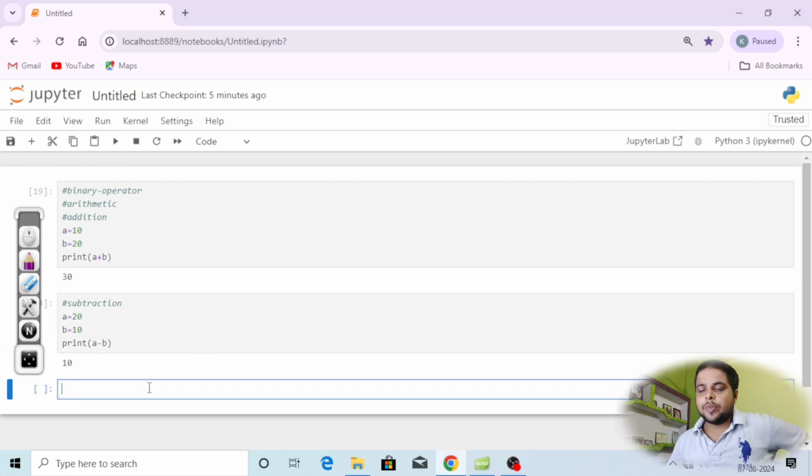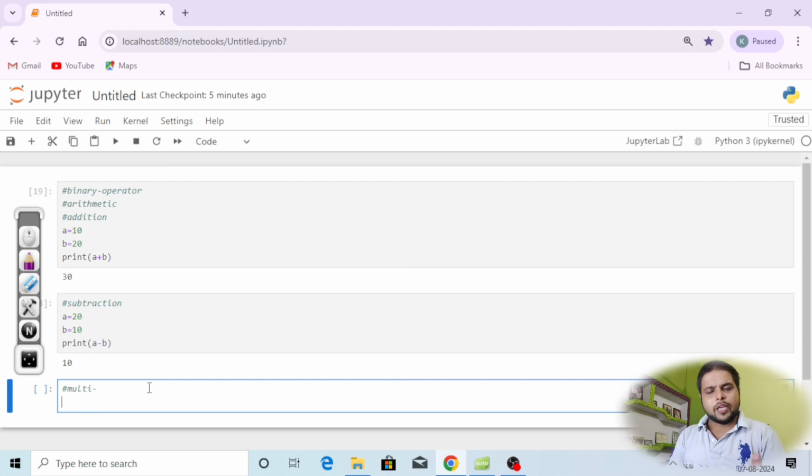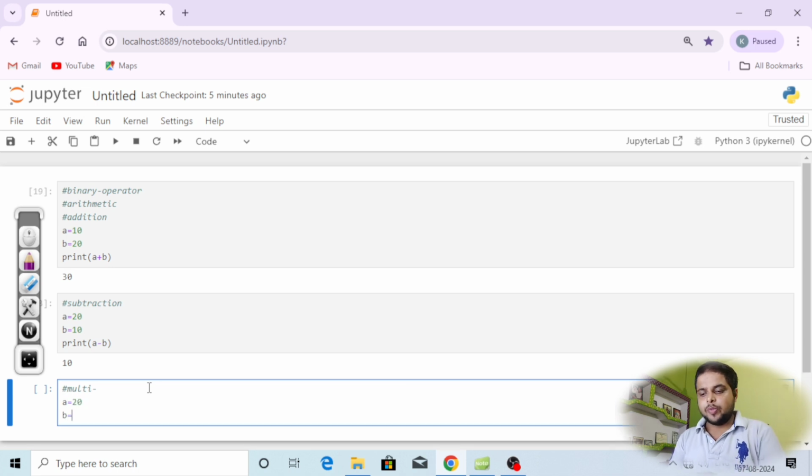Next operator is multiplication. Here also we will take two operands. One operand is A, the second operand is B. Here we will assign the values 20 and 30.